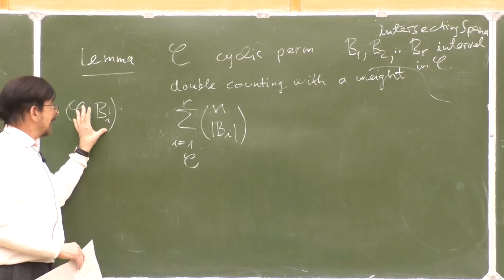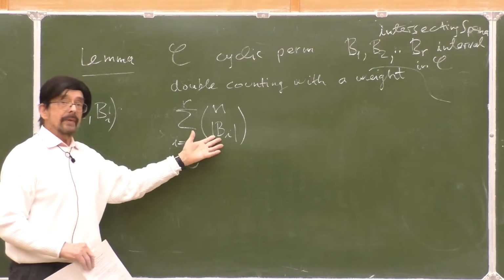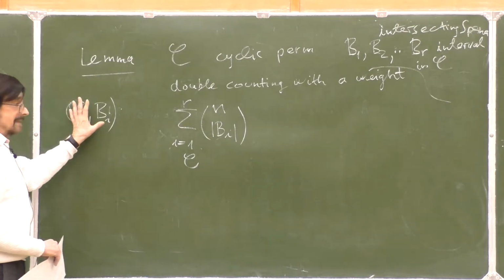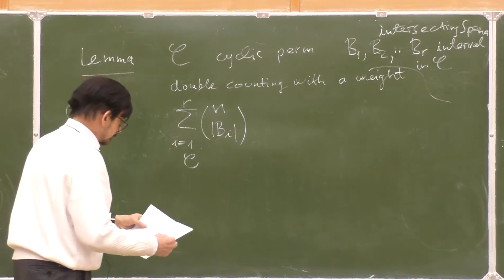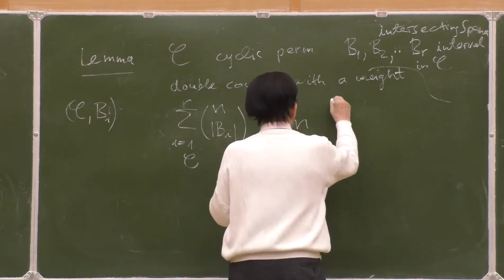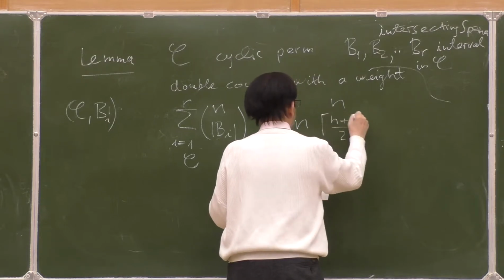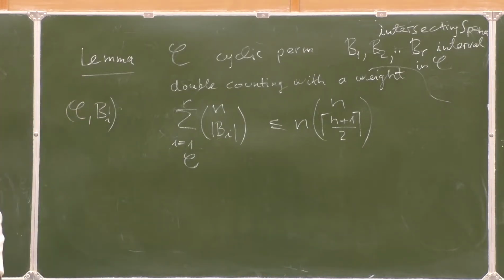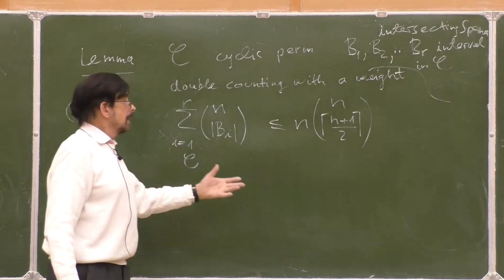And here for every pair, we add a weight function, a weight. So basically the same thing, the double counting, but with a weight. And so the lemma claims that this is at most this much. So can we have this much?